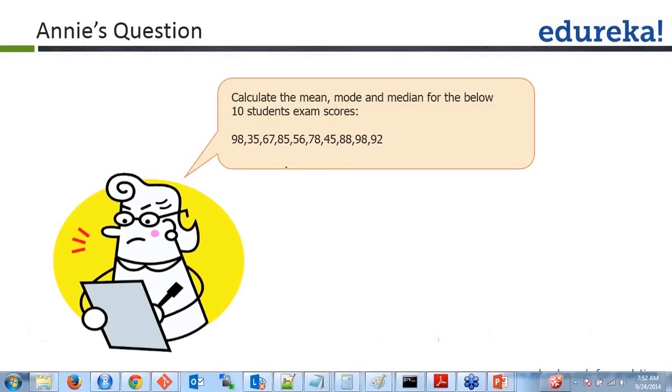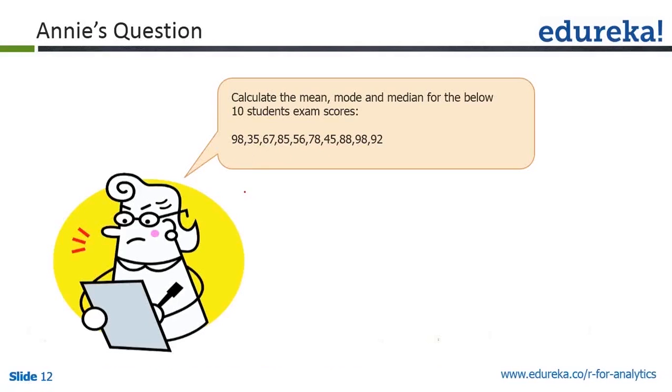Coming to median, you have to arrange these numbers. In this case 45 is the smallest, so you arrange the numbers by first putting 45 and then 56, and like this you arrange all these numbers up to 98, which I think is the highest here.